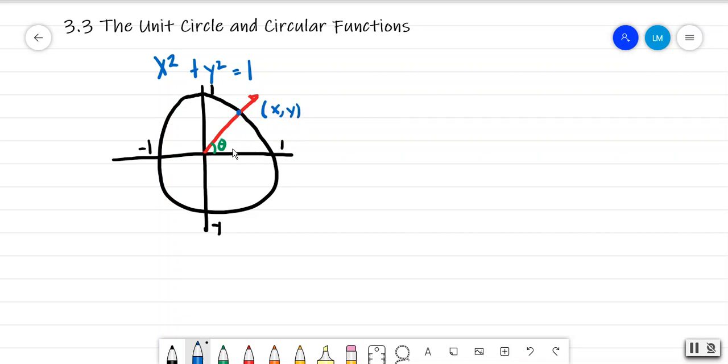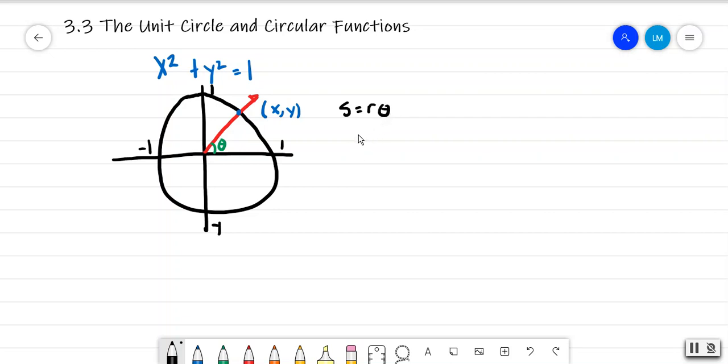But the question becomes, what specific coordinate this might be relative to the angle that we call theta. Now, in order to figure that out, you would have to refer to the equation for the length of the arc. So we know that the length of the arc is equal to r times theta.